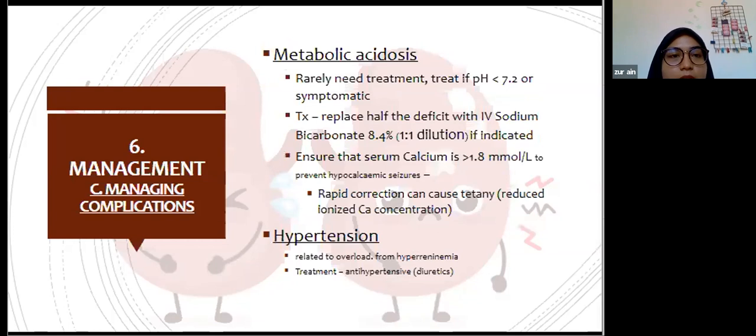The next complication of AKI is metabolic acidosis.